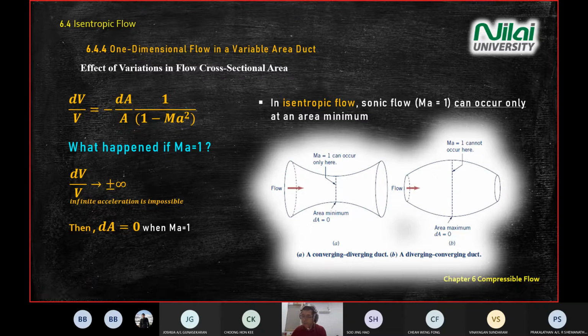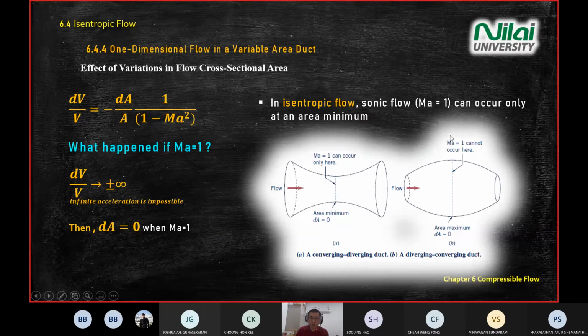If you look at your handout, question 31 asks whether it is possible to reach sonic flow, Mach number 1, at the maximum or minimum area. The answer is that it only happens at the minimum area.